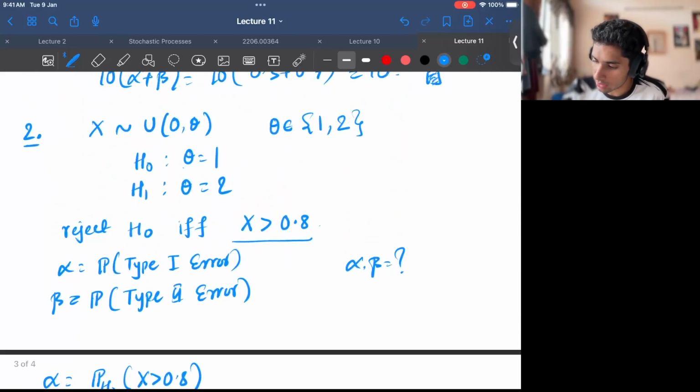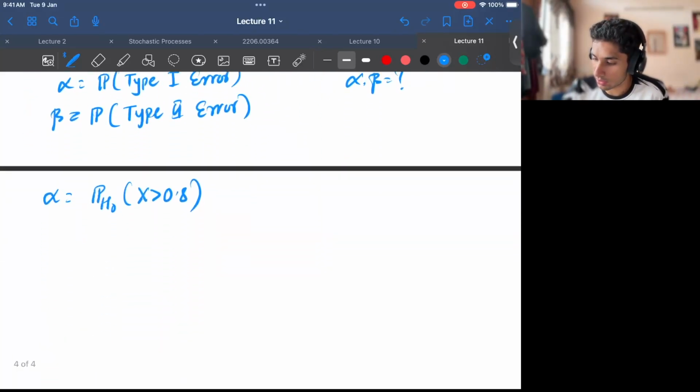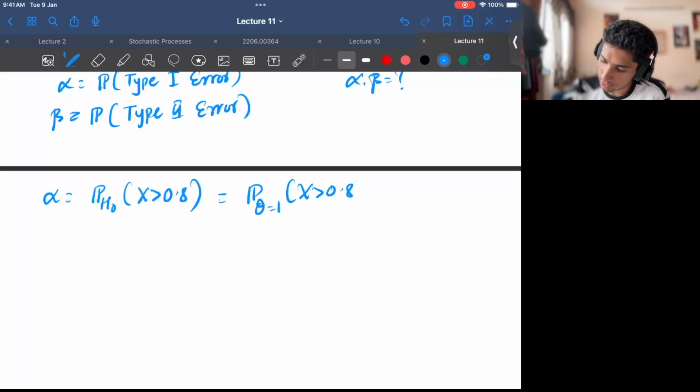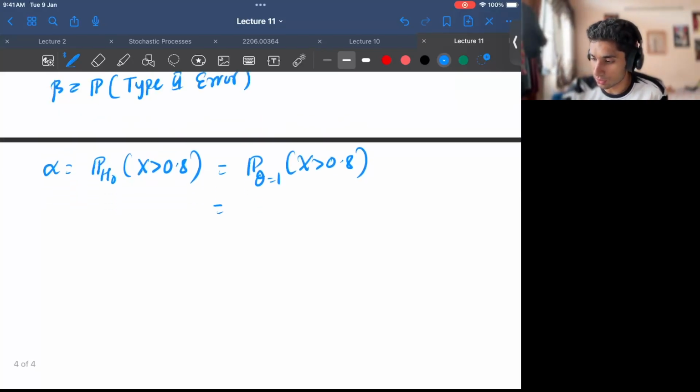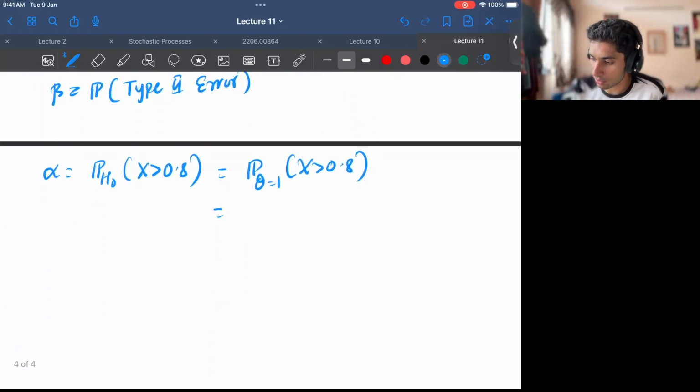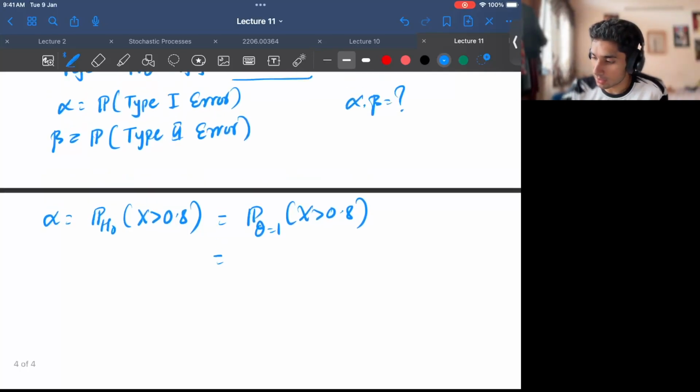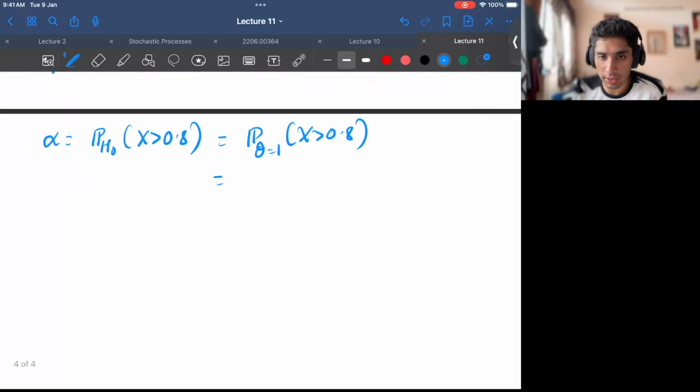Now, what is H naught? H naught says that theta is equal to 1, right? So it's basically the probability under theta equal to 1 that x is greater than 0.8. Now, what is this probability? It's a uniform distribution, right?